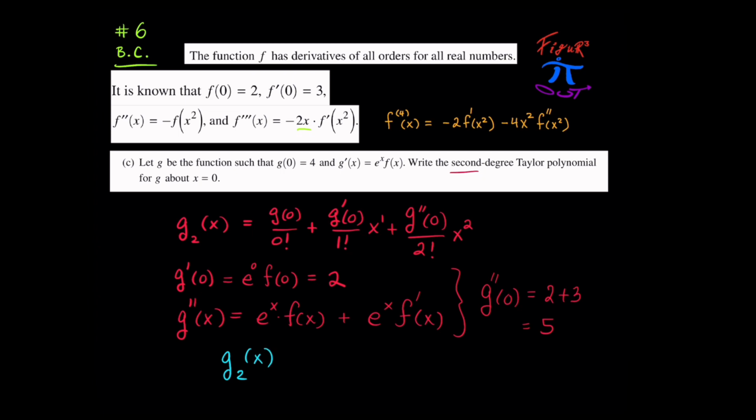So now plugging into the polynomial approximation, g2 of x is equal to 4 plus 2x plus 5 over 2 factorial, which is 5 halves, x squared. And that's our 2nd degree Taylor polynomial for g.